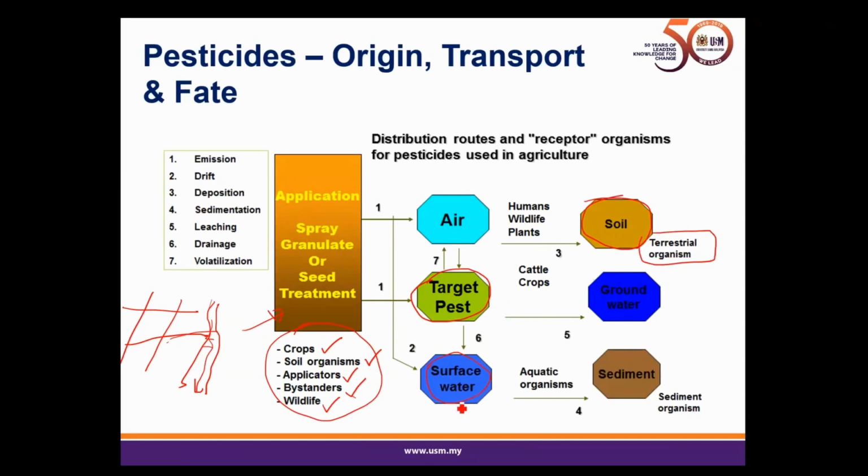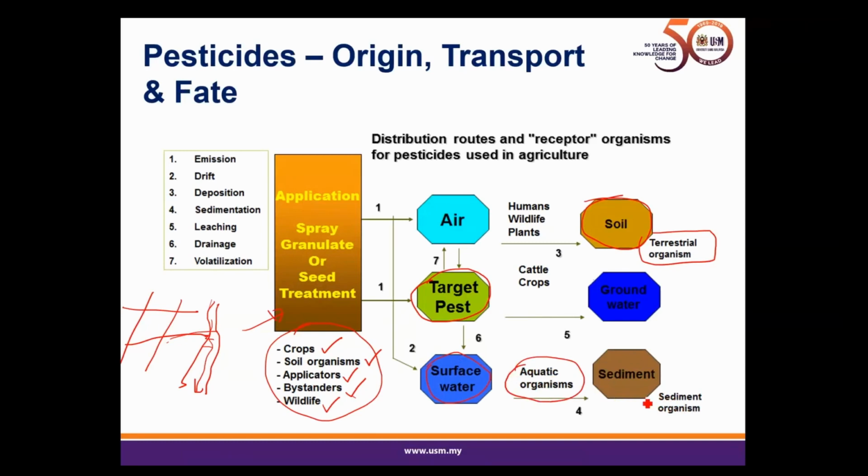And from the surface water, it can undergo sedimentation, where from the top surface of the water it is deposited into sediment. During the process, it will affect the aquatic organisms. And lastly, when it is deposited into the sediment, it will affect the sediment organisms.